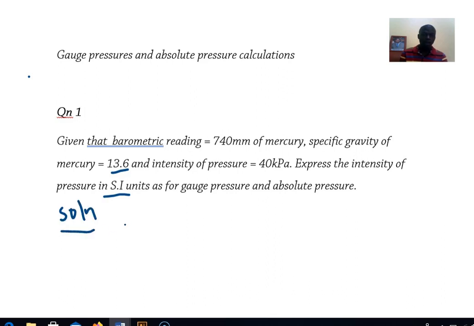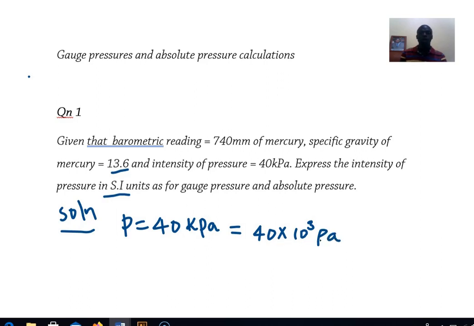Solution. The pressure P is 40 kilopascals. So this pressure is in kilopascals, and we can convert it to pascals as 40 times 10 to the power 3 pascals.